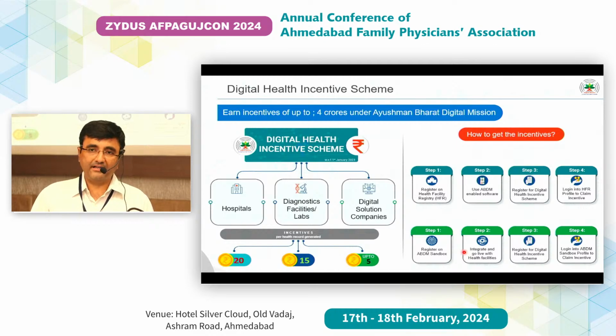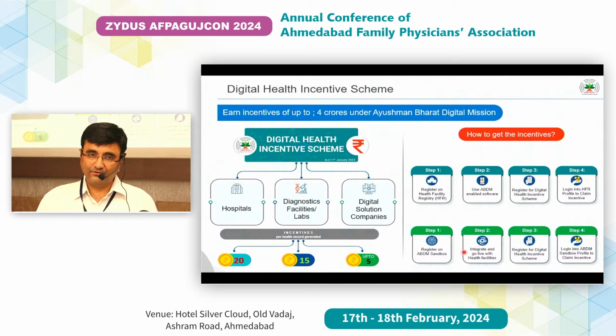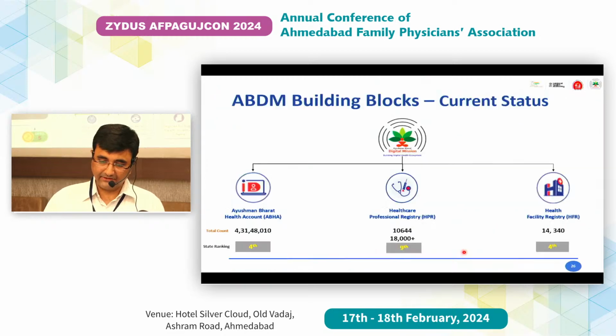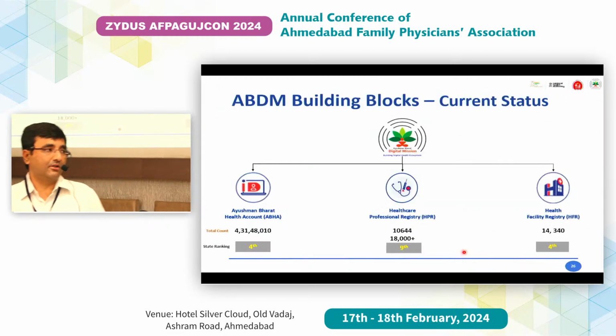So I request you all to please register yourself in DHIS. It is a very good initiative and Government of India is directly paying incentive to the practitioners, the facilities. This is what the status is.